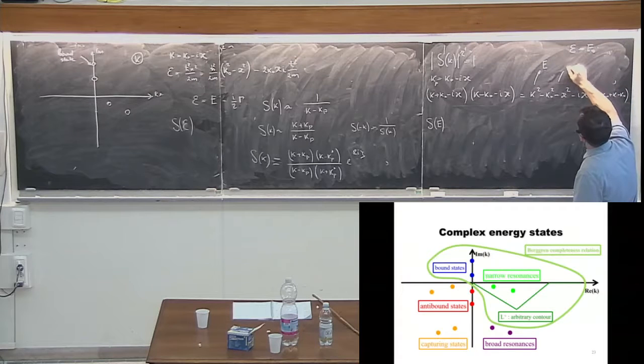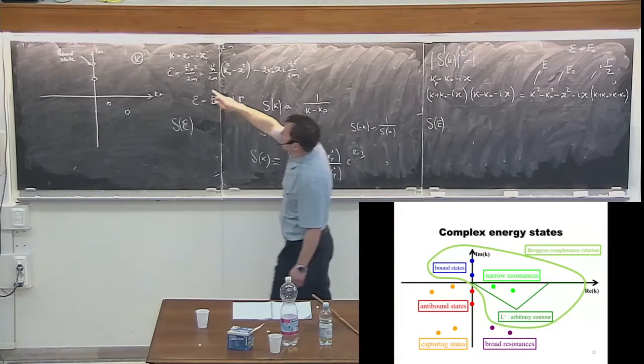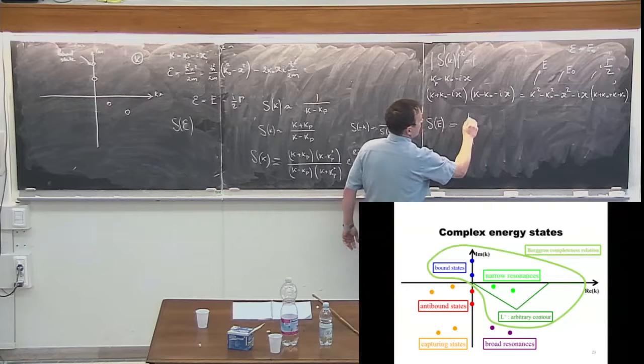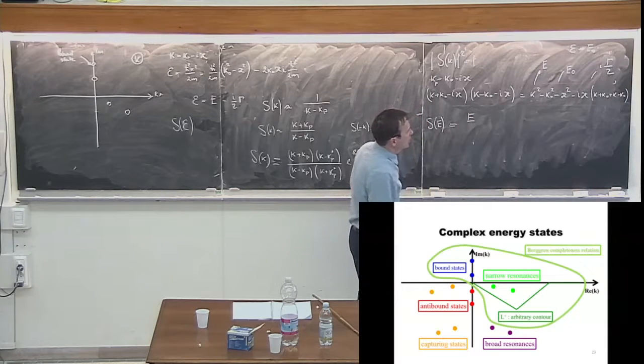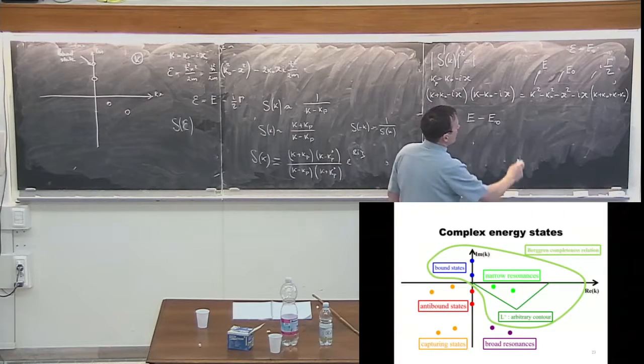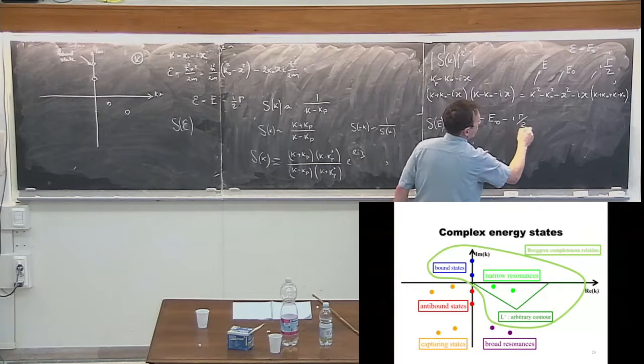So this is going to be E naught, and this part is related to i gamma over 2. Right? So now putting everything together, there is a common factor h bar squared over 2m. Then I will have my scattering energy minus E naught for the pole, and then minus i gamma over 2.